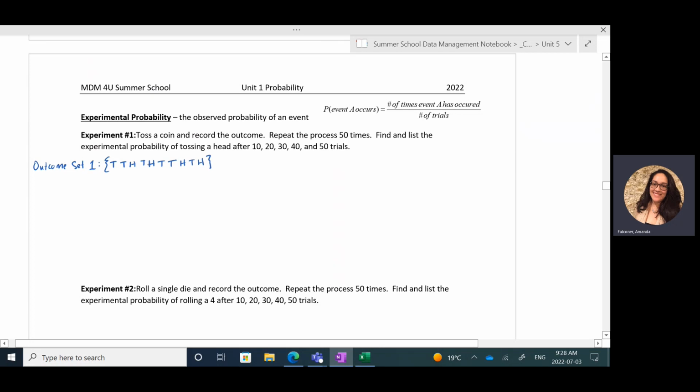There should be 1, 2, 3, 4, 5, 1, 3, yeah. There's 10 outcomes there. And if we're interested in tossing a head, then I've got to count up how many heads presented themselves. So 1, 2, 3, 4. So the experimental probability for that first set of tossing a head would be 4 out of the 10 trials.